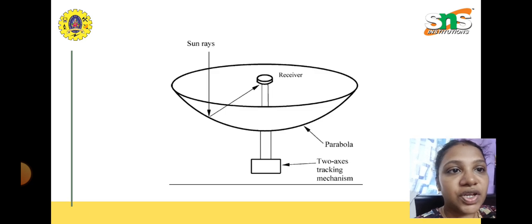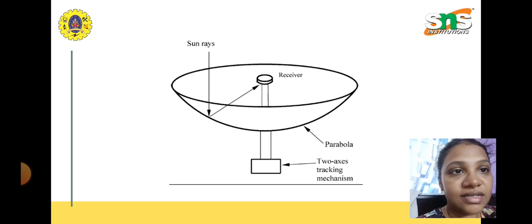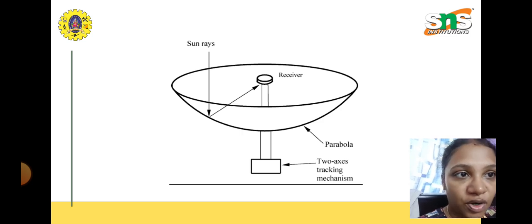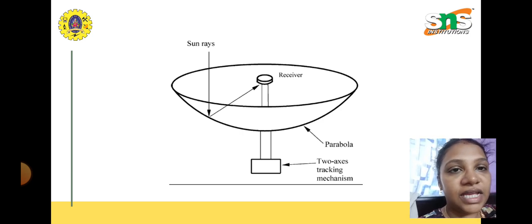In this picture you can see, as I said, it looks like a satellite dish. We can see it has a receiver at the center. At the bottom it is fixed with a two axis tracking mechanism, where the sun rays fall on the parabolic part and are accepted by the receiver.